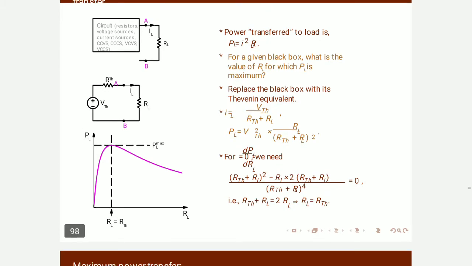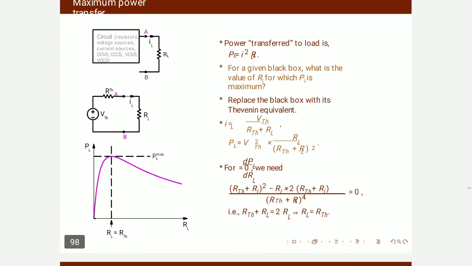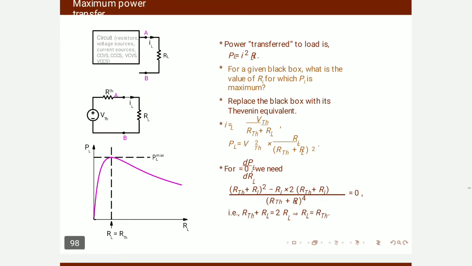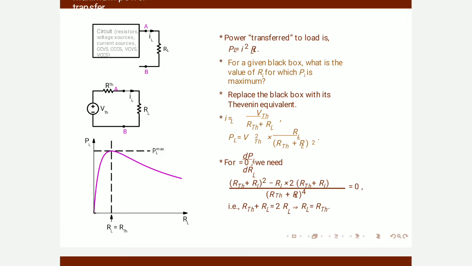So how do we get the maximum power theorem condition? This power varies with respect to the load resistance, so the variable here is the load resistance. We differentiate this power with respect to RL, and we get the maximum power condition: dP by dRL equal to 0.